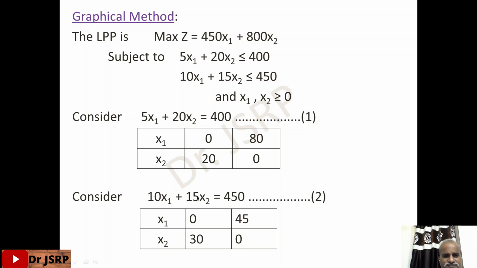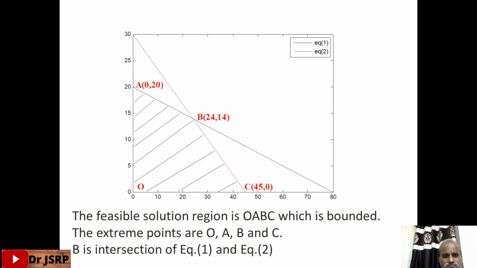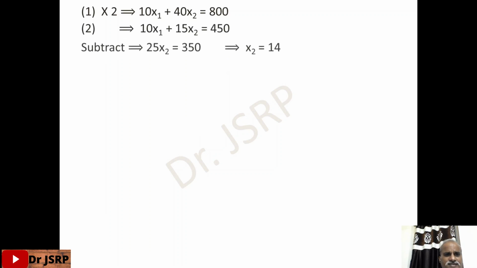Second equation as it is. Then if you subtract, x1 gets cancelled, then 40 minus 15, 25 x2 equal 350, then x2 equal 14.